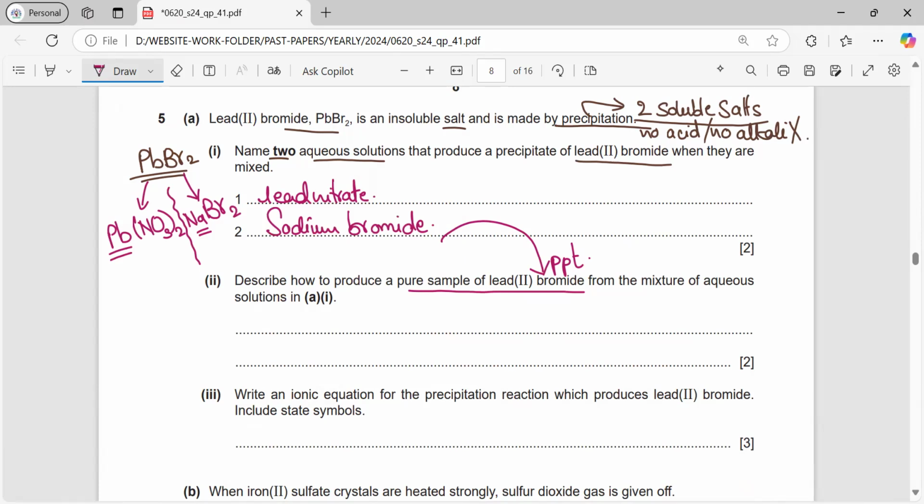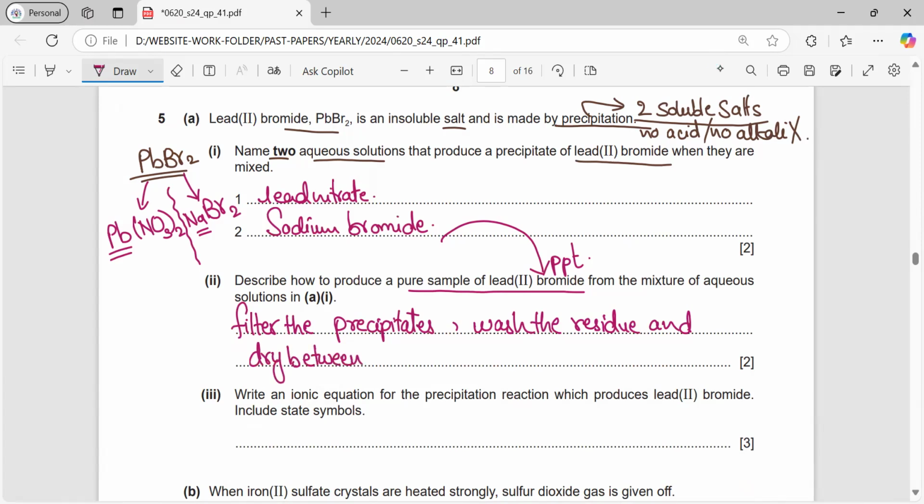Very simple, we can remove it by filtration. So first of all, we'll filter the precipitate. And after filtering, we'll wash the residue and dry it between the folds of filter paper.